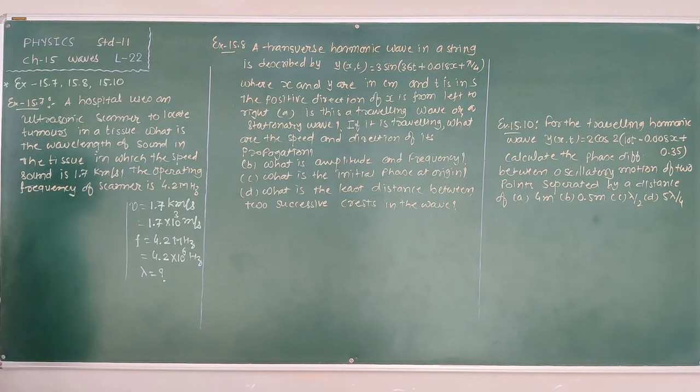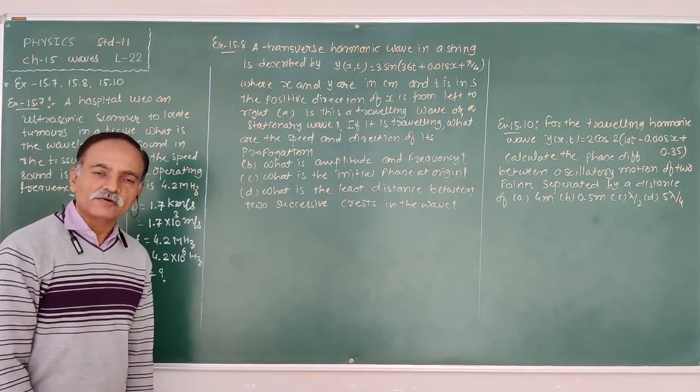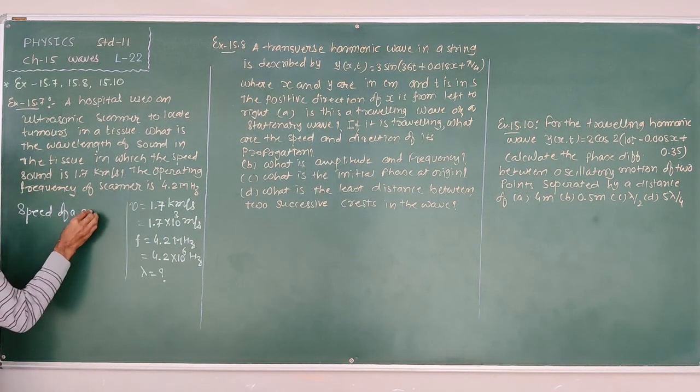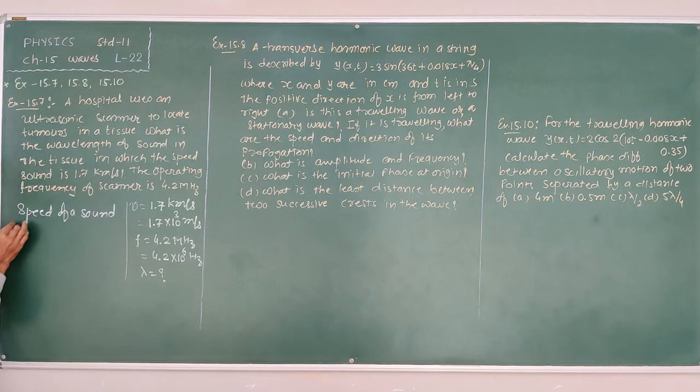Also we know that the speed of a sound wave v is equal to frequency into wavelength. Therefore, speed of a sound wave v is equal to f lambda.